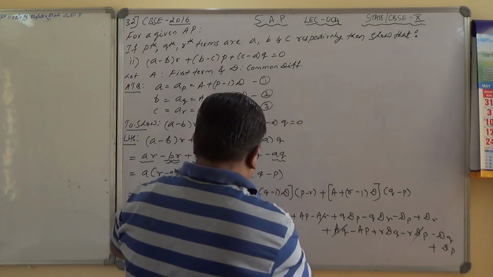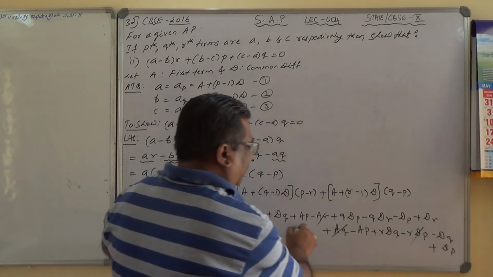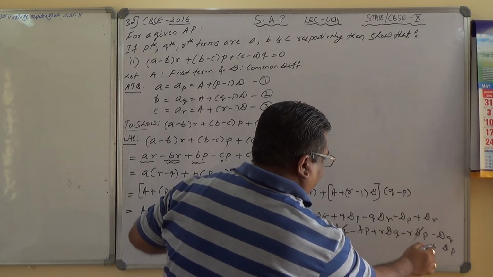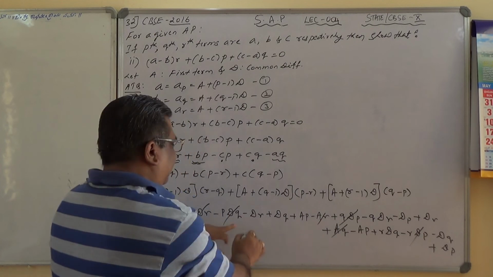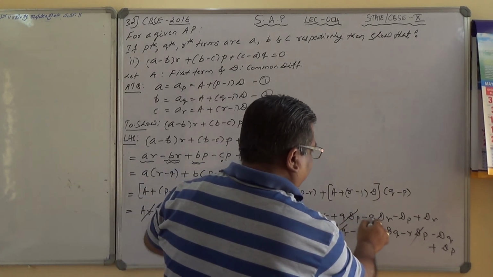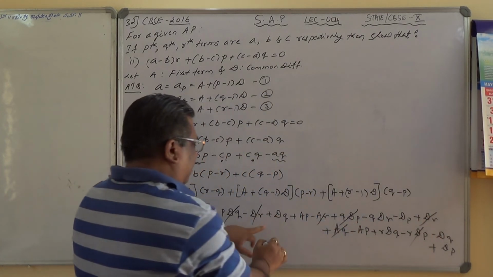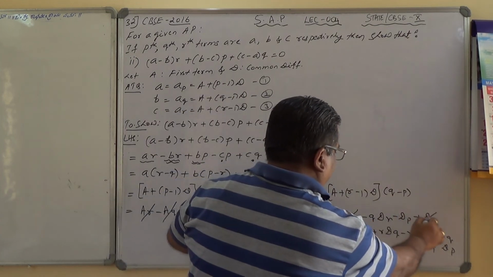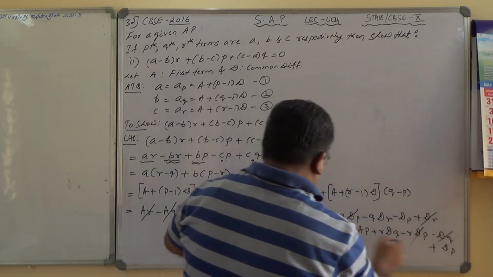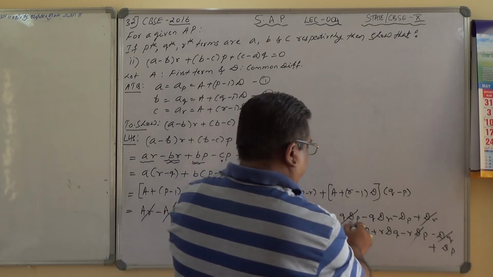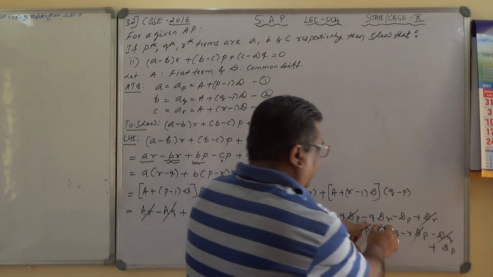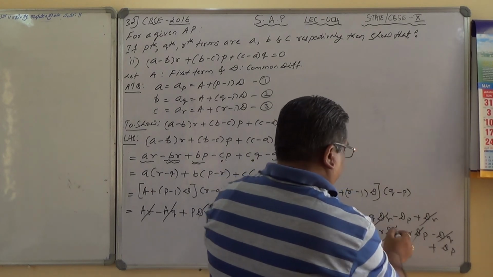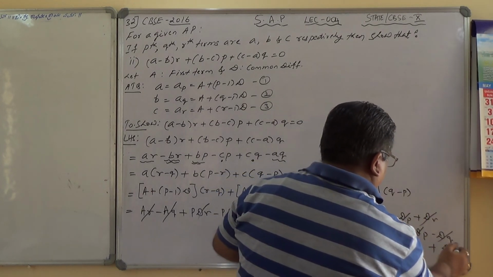PDQ minus PDQ plus PDQ plus PDQ plus PDQ minus DR plus DR plus DQ minus DQ plus AP minus AP minus QDR plus QDR minus DP plus DP.